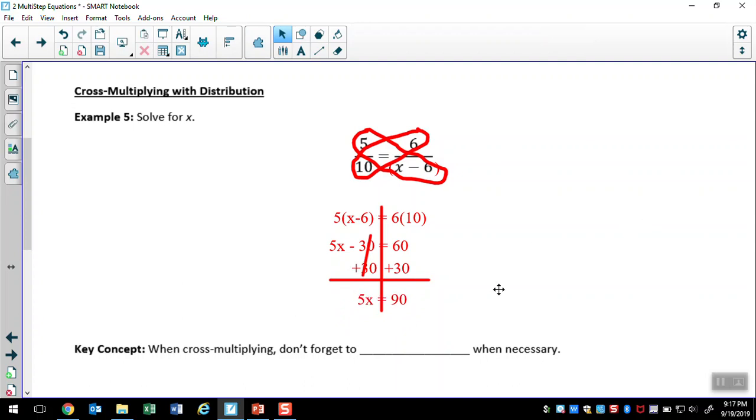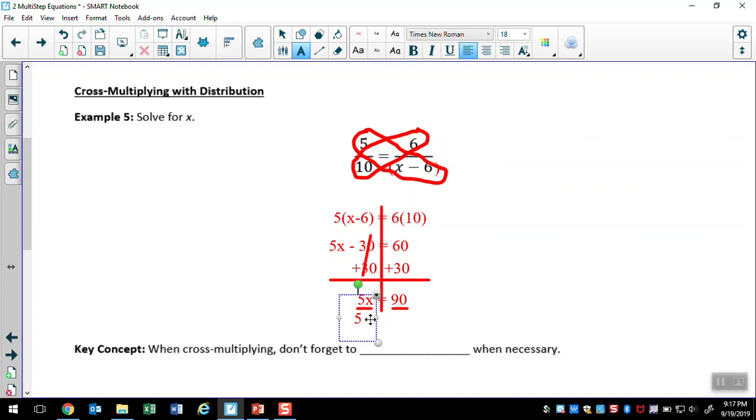All right, now our last step is we're going to divide both sides by 5. So I'm going to divide this side by 5, and then I'm going to divide this side by 5.